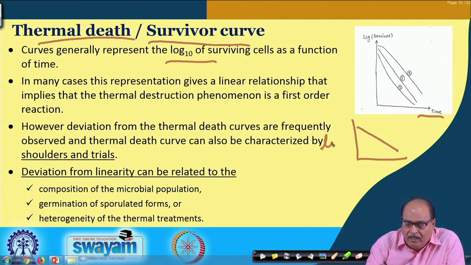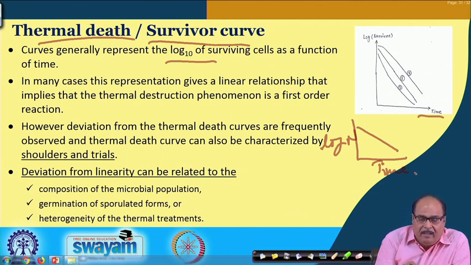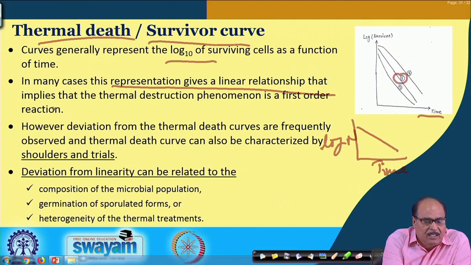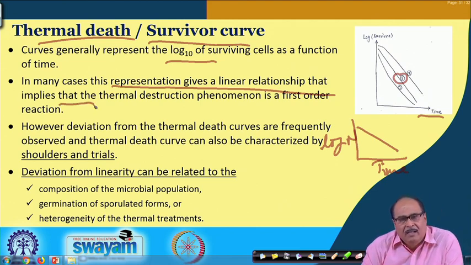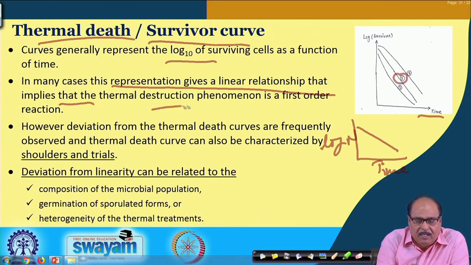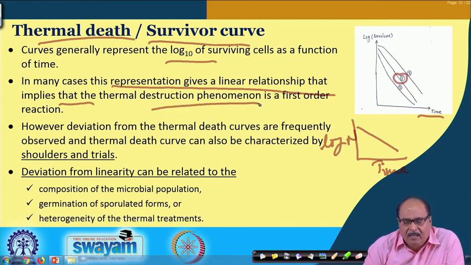That is log number of survivors versus time gives a straight line. As you could see, that is line 1 in this figure, in many cases this representation gives a linear relationship, and this linear relationship implies that thermal destruction is a first order reaction.